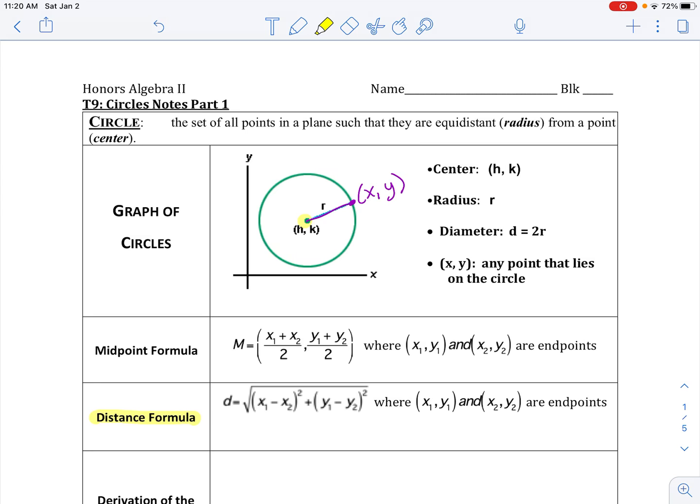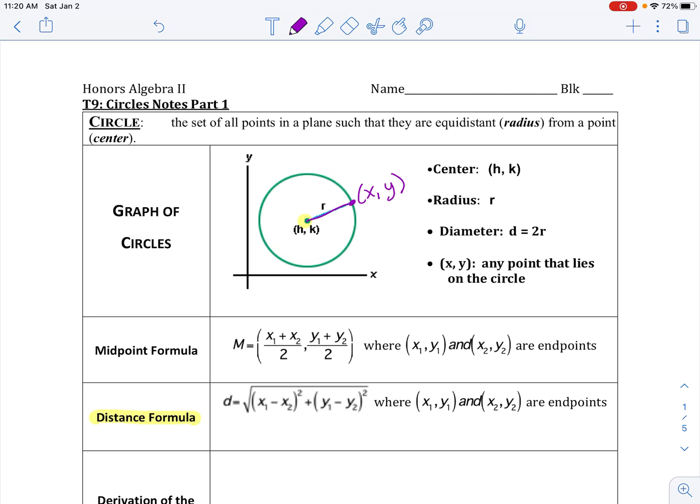If we want to know how far the distance is across the circle through the center point, we use a measurement called the diameter. And the diameter of the circle is the longest chord of the circle. And a chord is a segment that connects points on a circle.